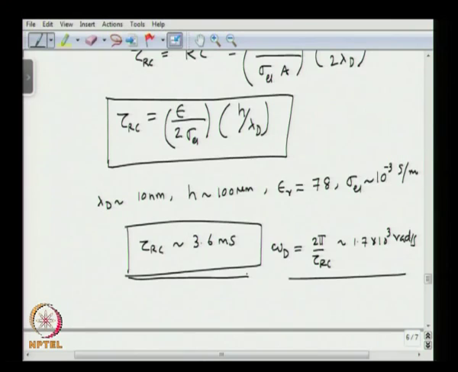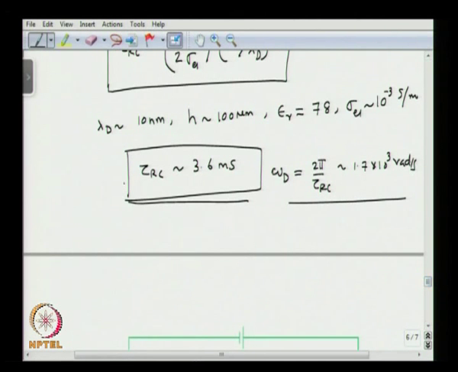So you need at least 3.6 millisecond for the Debye layer to form to make the electroosmotic action happen. If you use AC electroosmosis and the frequency is sufficiently high that the time available is less than 3.6 millisecond, then the electroosmotic pumping will not work. Okay. Considering this example for the height and lambda d and the liquid that we consider.